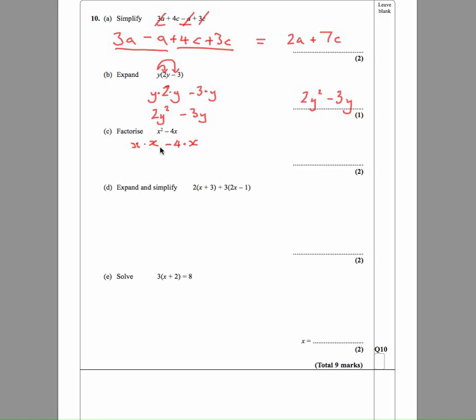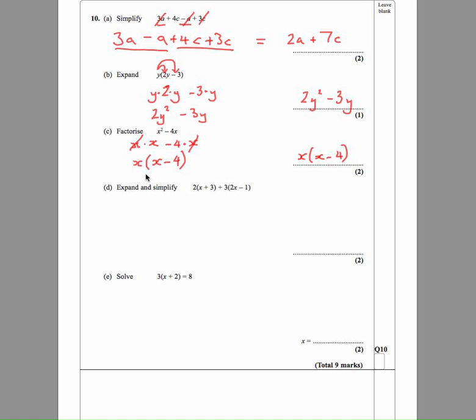And we can see here that the x and the x is the same in both terms, so we can extract out the x. Taking one x out leaves us with an x there, taking an x out leaves us with a negative 4 there. Okay, so that'll be x now minus 4.